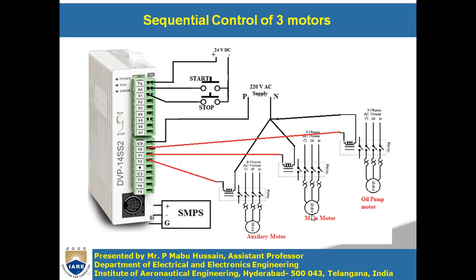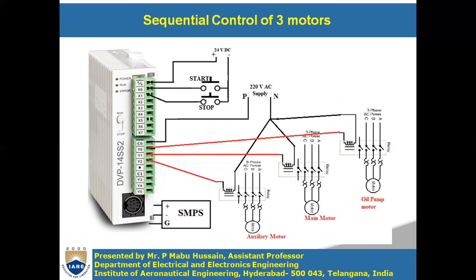Then another timer has to start and wait for 5 seconds. After 5 seconds Y2 should be on, and whenever Y2 is on, 220 volts will be given to this coil. So this coil energizes and all the 4 poles will close. Then the auxiliary motor will get the supply and start running.